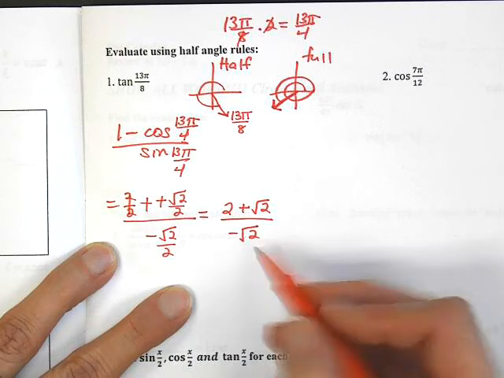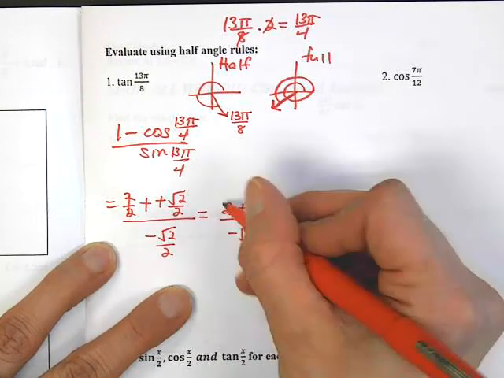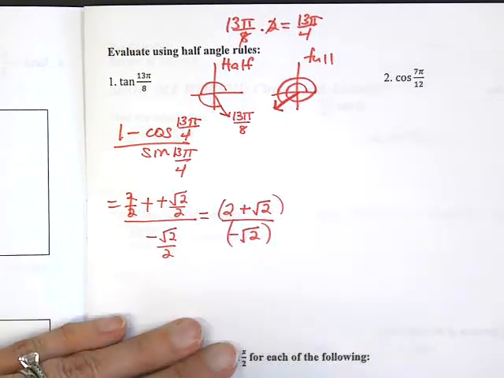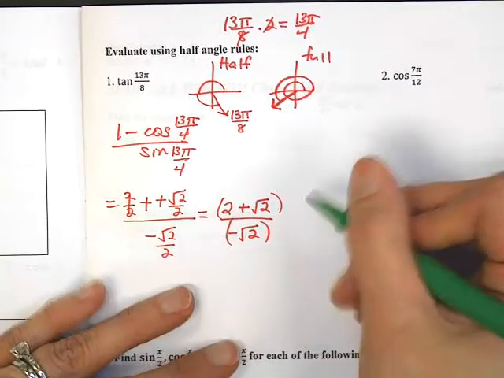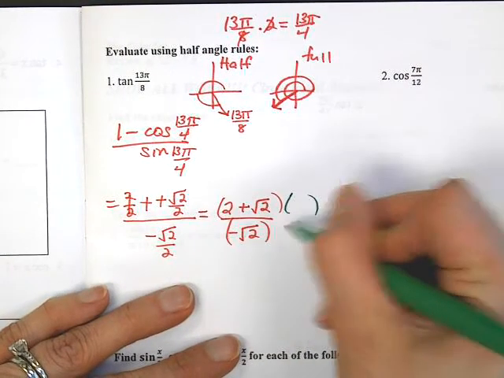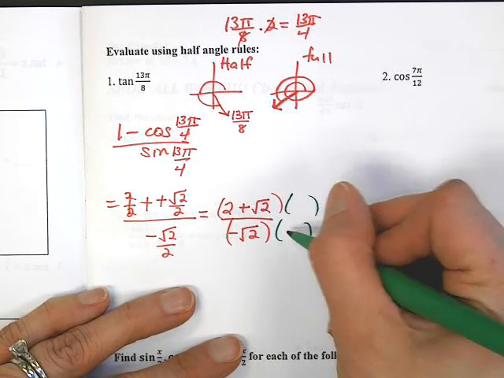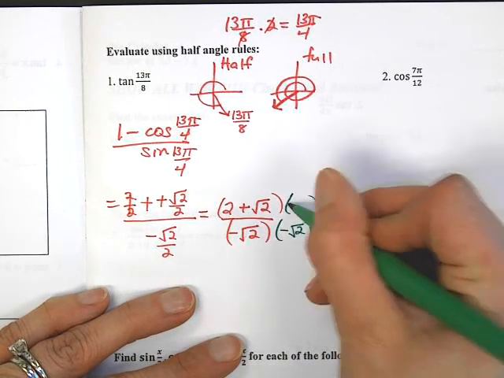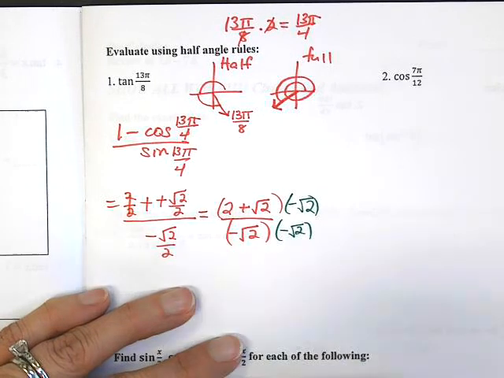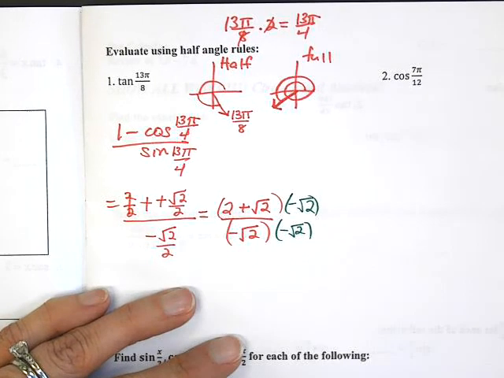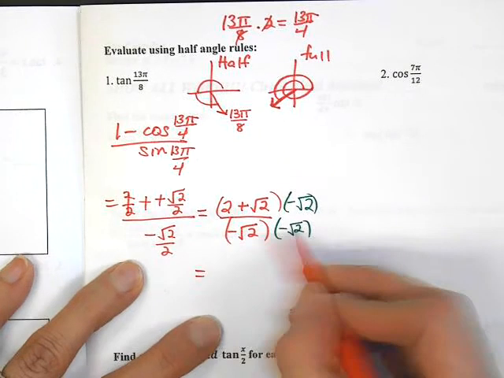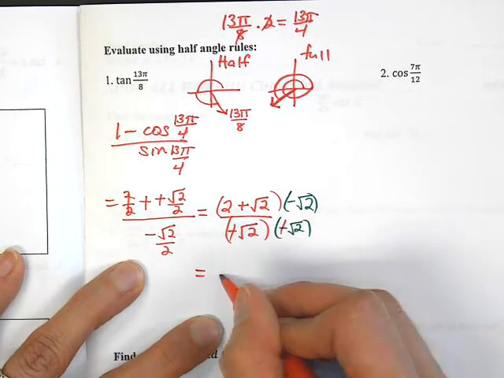We're going to have to rationalize this. So let's multiply with parentheses top and bottom by, we could either do just a regular radical 2 or we could distribute the negative. Maybe I'll do a negative radical 2 so I don't have to worry about negatives later. Either you do it now or you do it later. So the denominator is positive 2.